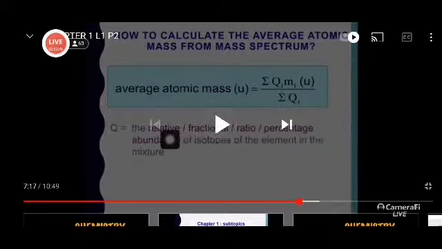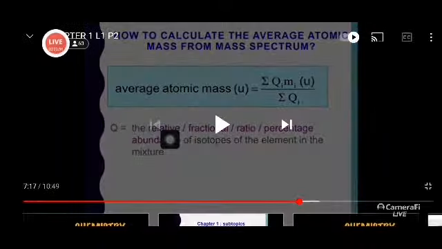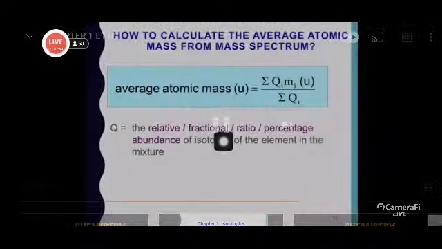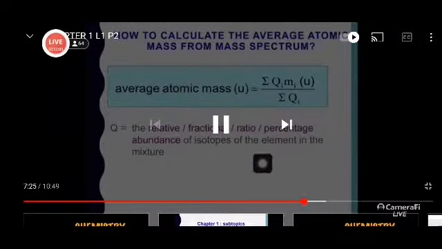Q refers to the relative or fraction or ratio or percentage abundance of isotopes in a mixture. Average atomic mass equals the sum of QiMi divided by the sum of Qi.